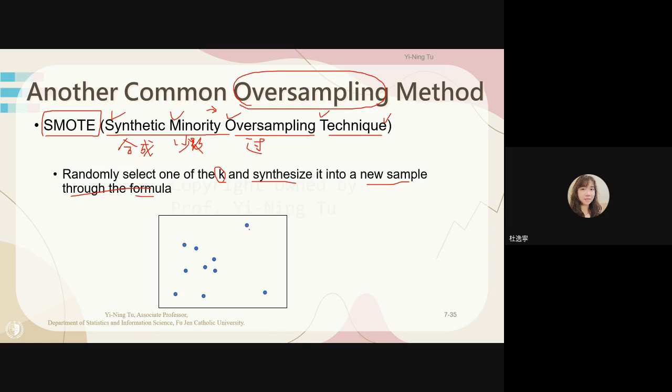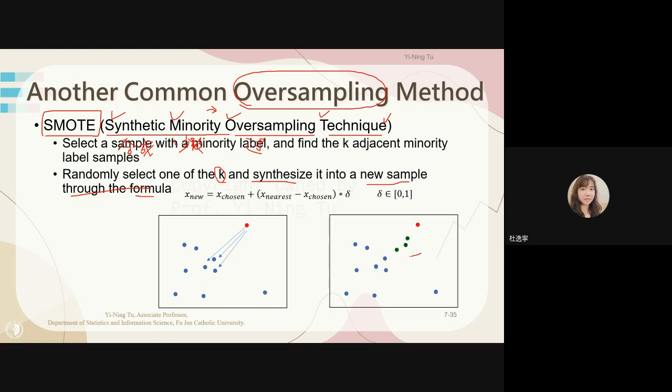For example, we pick this one, it's red. And I know it's red, but red is very less. So I will pick the closest blue and synthesize, build the new data set as a red one. The synthesized one will have the chosen one's proportion, 某种比例, and we will use the delta 0 to 1 to control their nearest and chosen percentage.